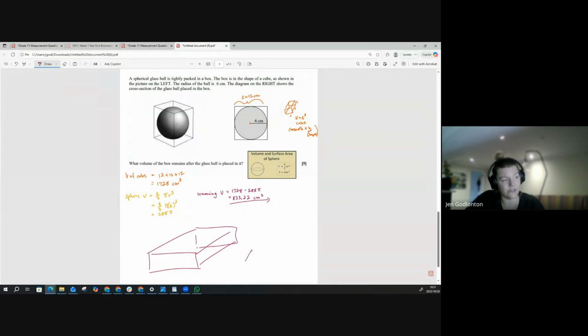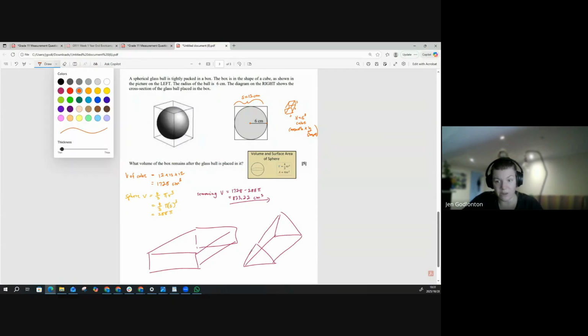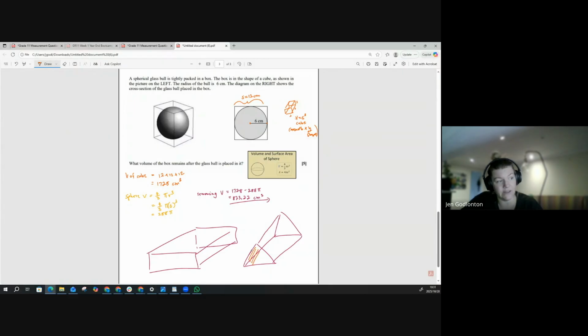If you had a triangular prism, something like that, then you always take the area of the shape that we're talking about. So this is a triangular prism. So the area is the triangle, and then this would be the height of the shape.